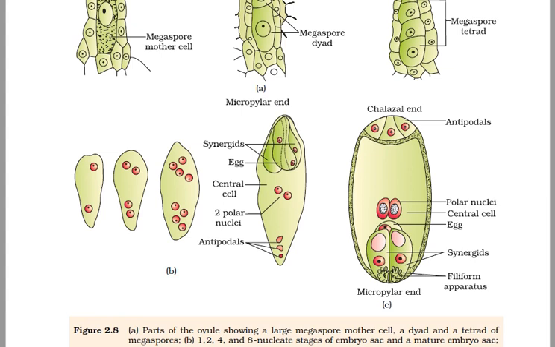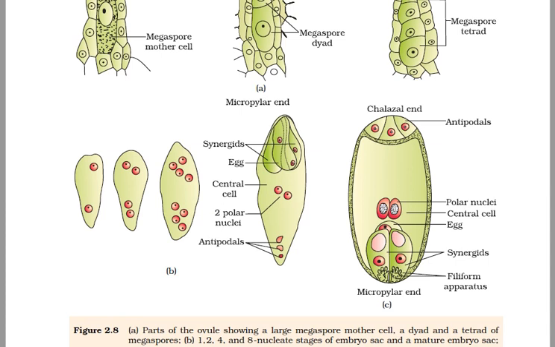Now during development of the female gametophyte in a majority of plants, one of the megaspores is functional while the other 3 degenerate. I already discussed this, and the functional megaspore develops into the female gametophyte, that is the embryo sac.